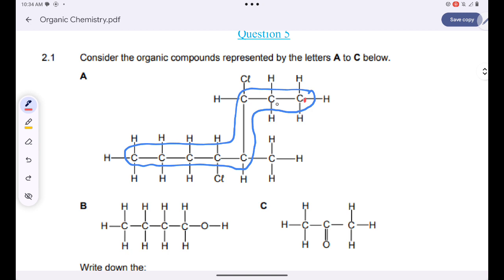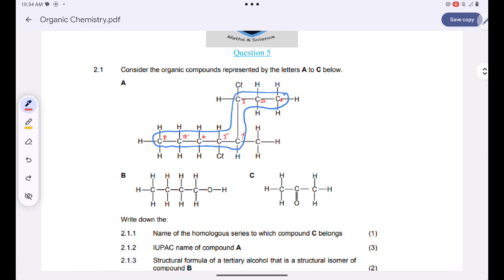If I start numbering there, that will be carbon number 1, 2, 3, 4, 5, 6, 7, and 8. I can see that in carbon number 3 I have my chloro, as well as in carbon number 5 I have my chloro there. However, in carbon number 4 I have a side chain, a methyl.